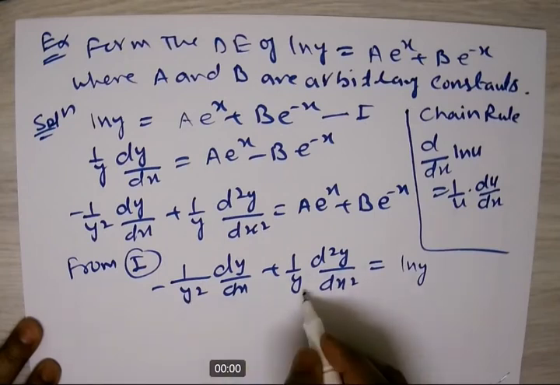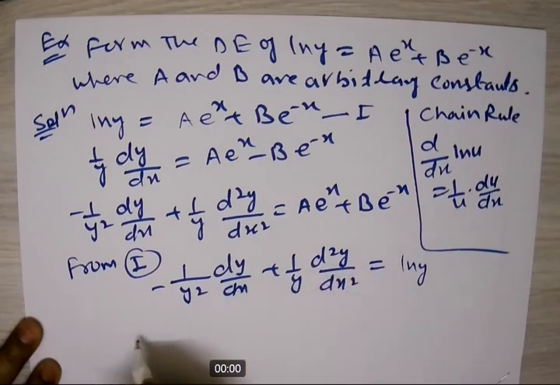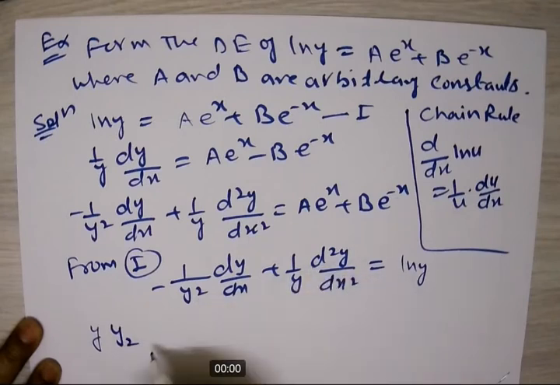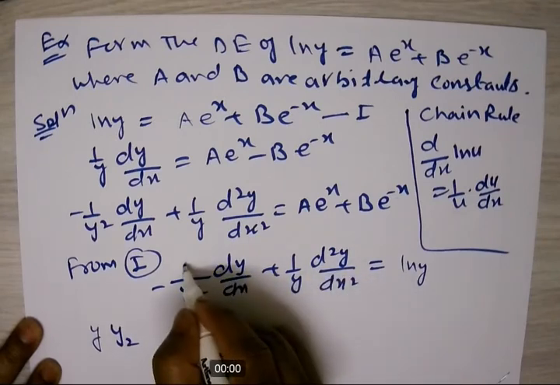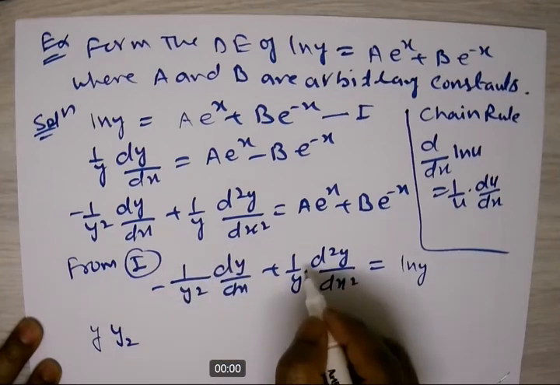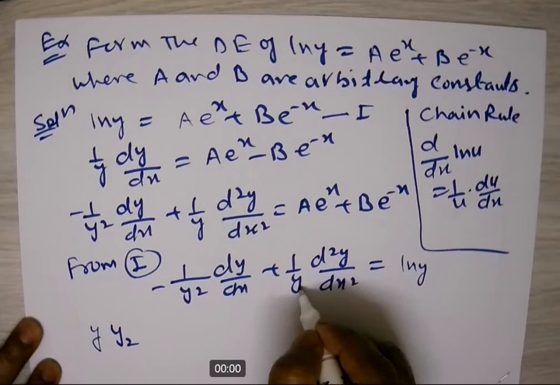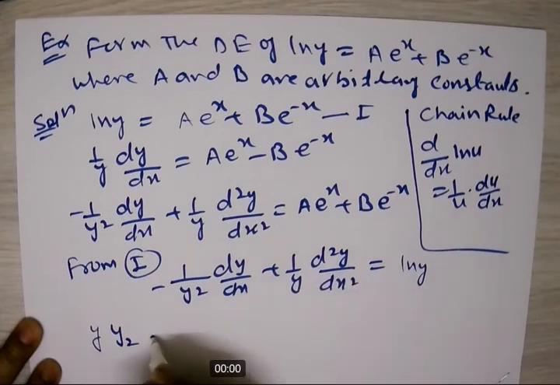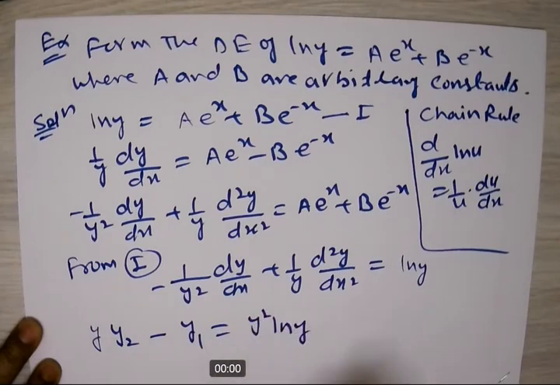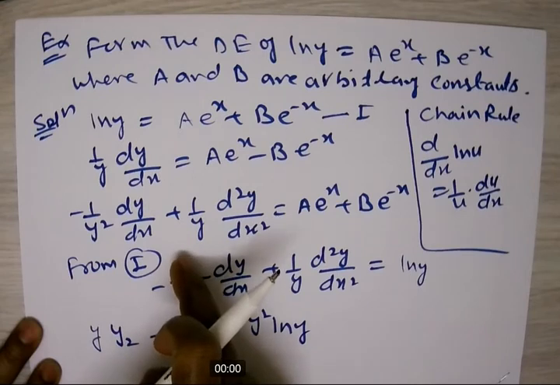See here y², here y. So just multiply by y. So it comes y y₂ minus y₁, because multiply this one, or you can say divide by y². So when you say divide by y², it comes y²/y, that means y y₂ − y₁ equal to y² ln y, dividing by y², or you can say multiply.